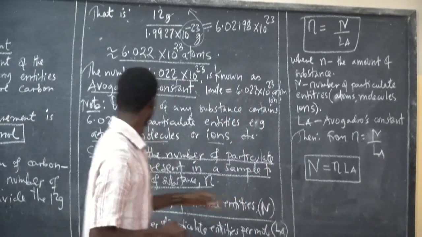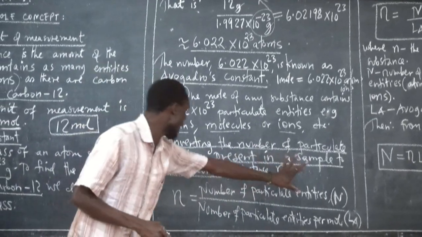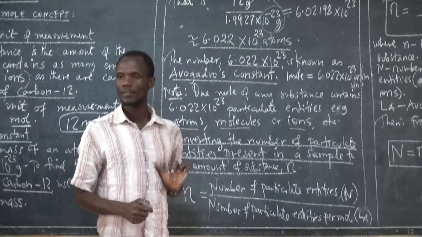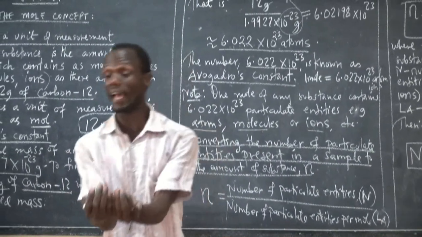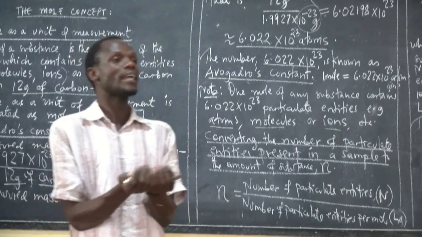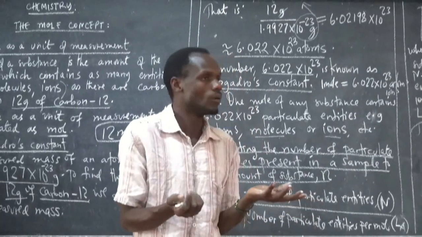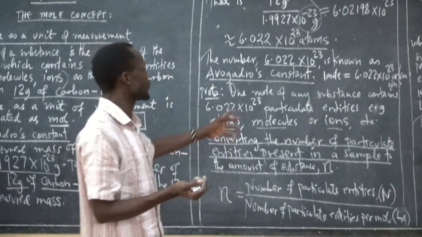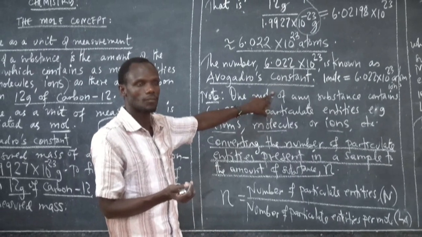That's why we say converting the number of particulate entities present in a sample to the amount of substance. How many atoms are there in my hand? How many molecules? How many ions are there in my sample? I definitely use this concept called Avogadro's constant to determine how many are there.